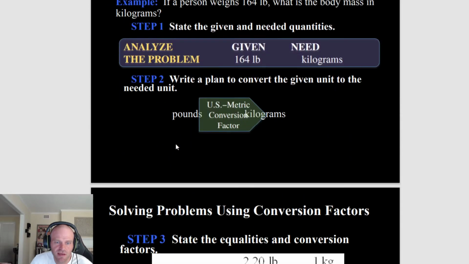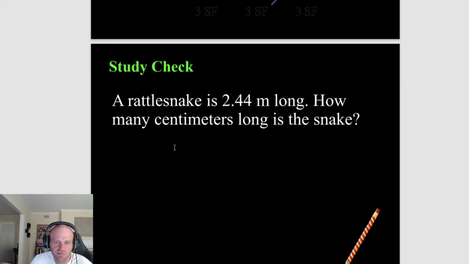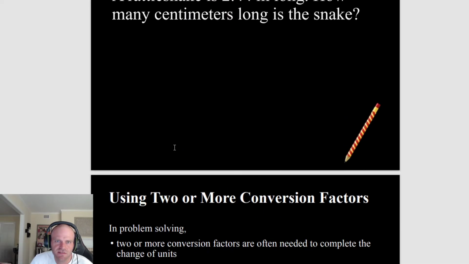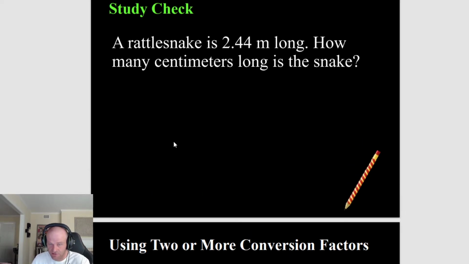Let's do a problem. We did meters to inches, so that was even more difficult than centimeters. So this will be a good study check right now. Go ahead and stop and try to do this one.